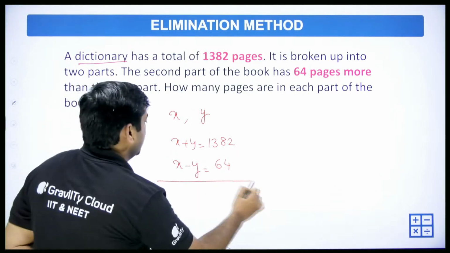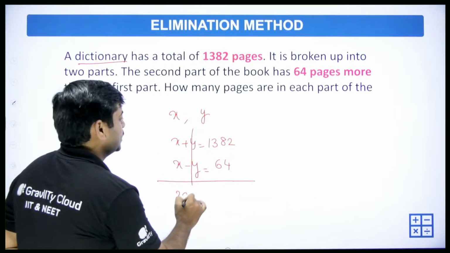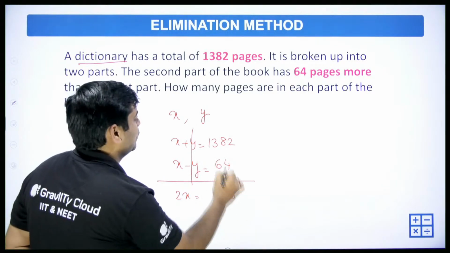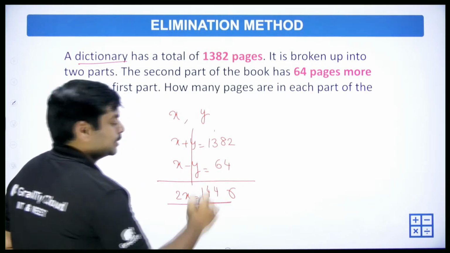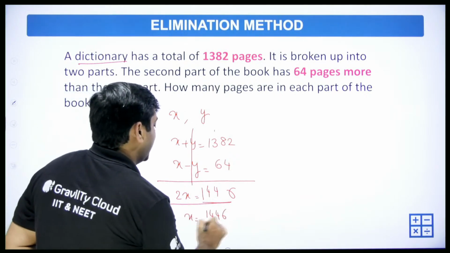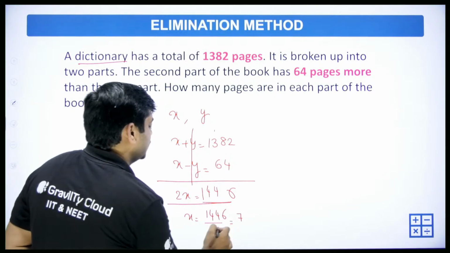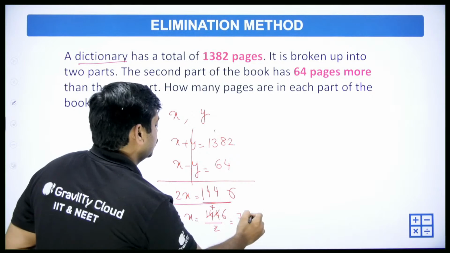So let's try to add these two. So y and minus y get cancelled. x plus x is 2x, and 1382 plus 64 is 1446. So x will be 1446 by 2, which is 723.